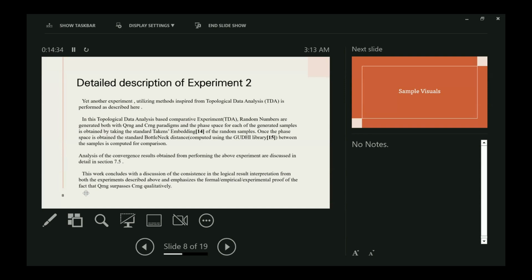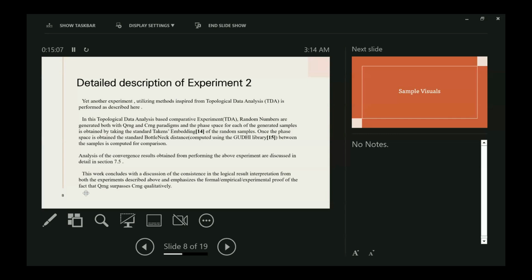So the Takens embedding gives the phase space. The phase space is nothing but a plot of the x and y values along with the evolution of the samples in terms of the differential coefficient, and this is essentially what a Takens embedding of the phase space representation is.